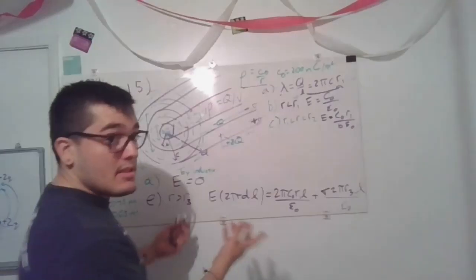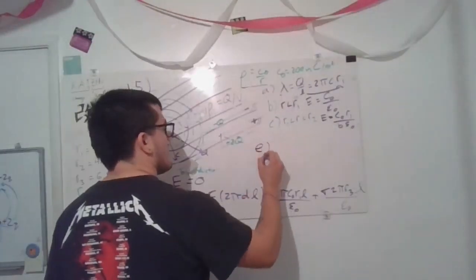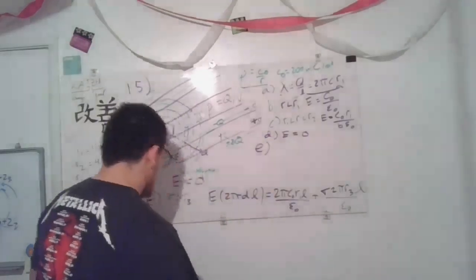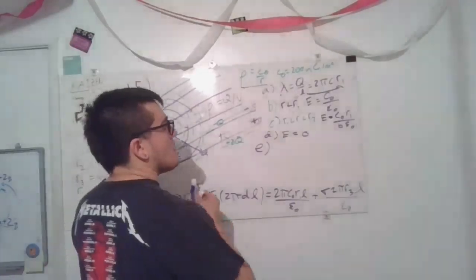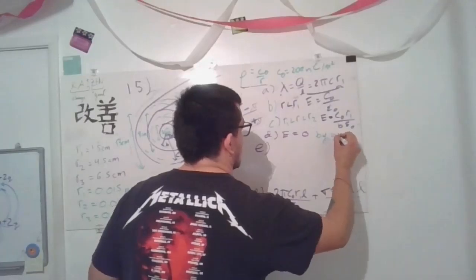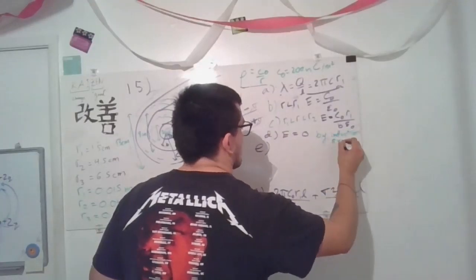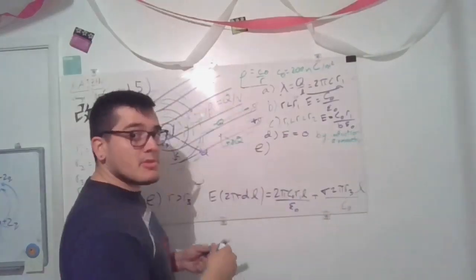Okay, and now the final step. For part E, I'll put D here. And you can say by induction, or you can even reason by symmetry. That's valid. You can say by symmetry, that works too.